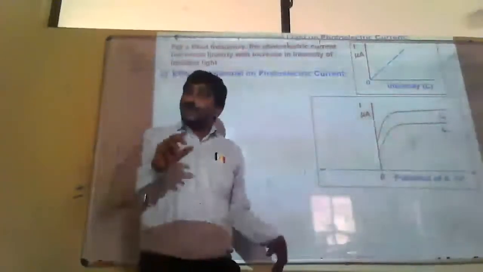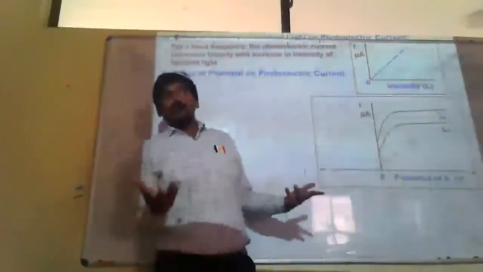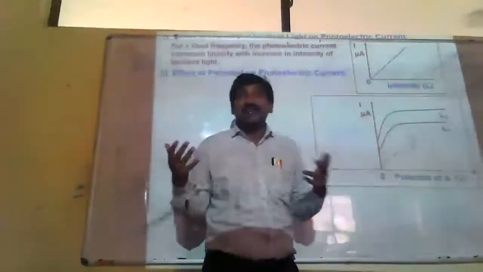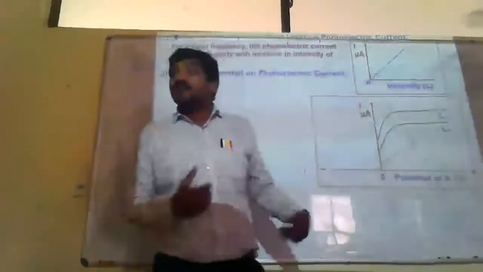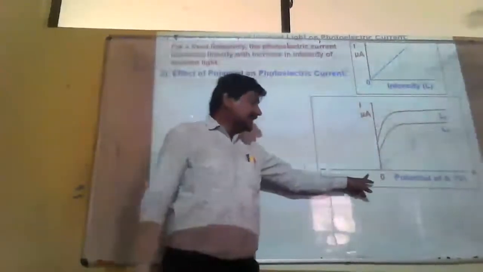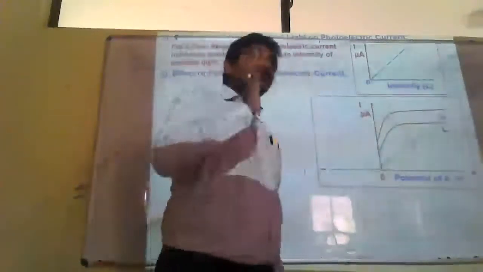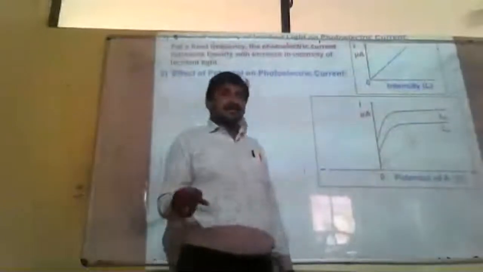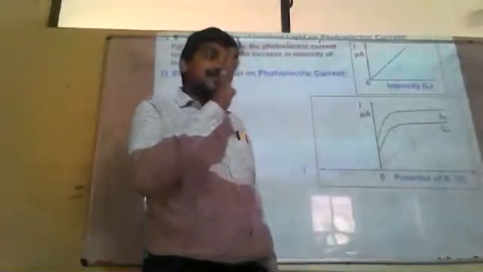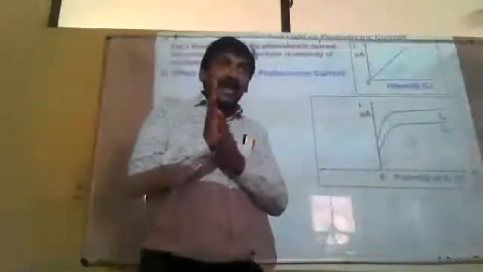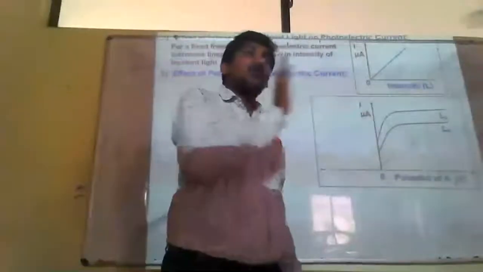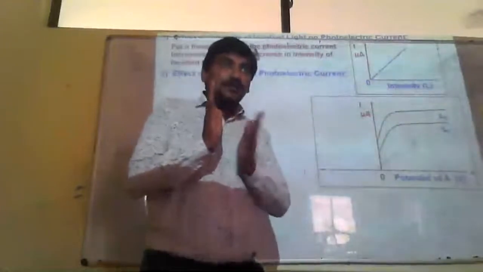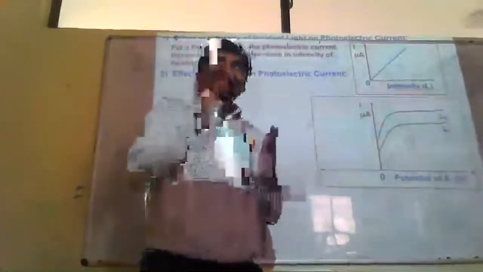Sir, why are you doing all this? This is nothing but checking what happens to the flow of electrons, how photoelectric current varies. As I decrease the potential, it opposes the flow; positivity decreases, so negativity increases. Electrons coming and trying to reach the anode find it also becoming negative.